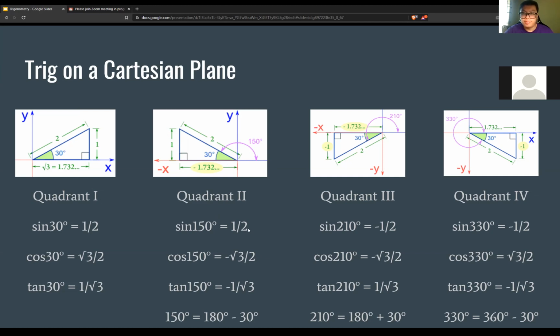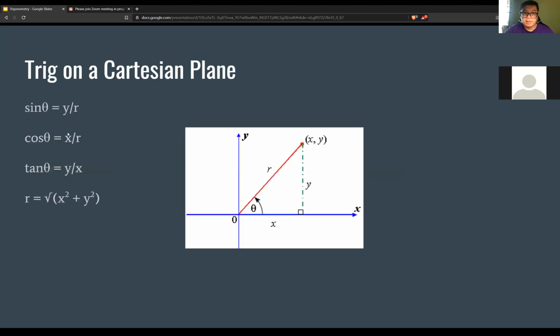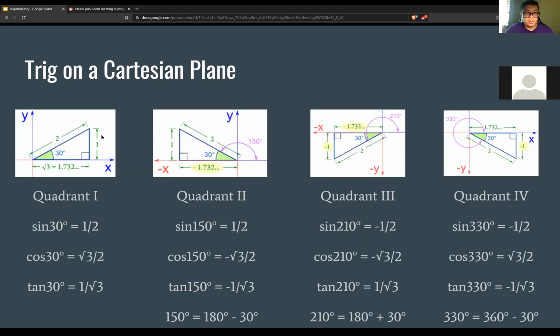Now here's something different. Cosine of 150 degrees is negative square root 3 over 2. Remember, cosine is x over r. Remember, here x is negative, and r always stays positive. R is a side length; it has to stay positive. But x can be negative, so if you take a negative number divided by a positive number, you get a negative ratio.